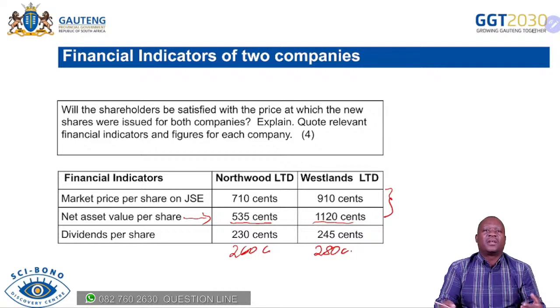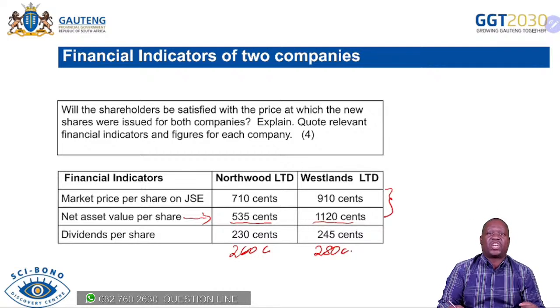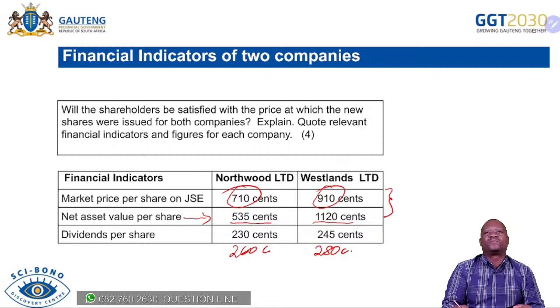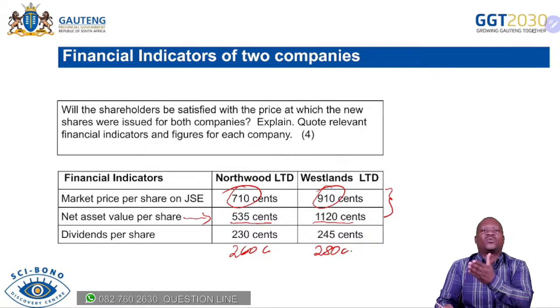Now, how much are we expected to be charging for these shares? Our price should be somewhere nearer to what investors are willing and able to pay for those shares, which is around 7 Rand 10 as well as 9 Rand 10, because that's what investors are willing to part with in order to acquire these shares.